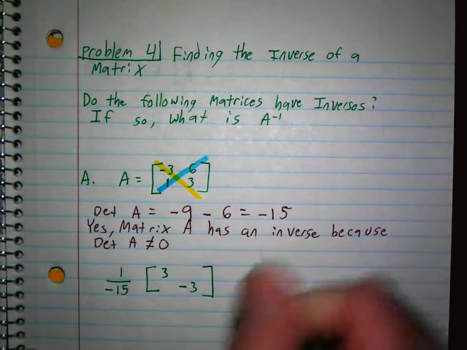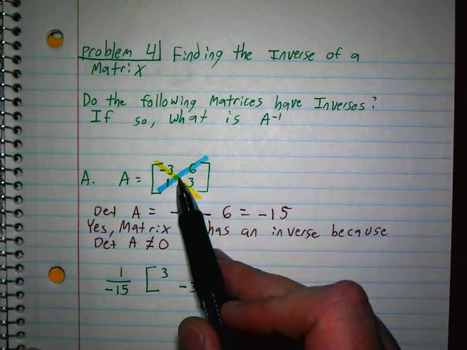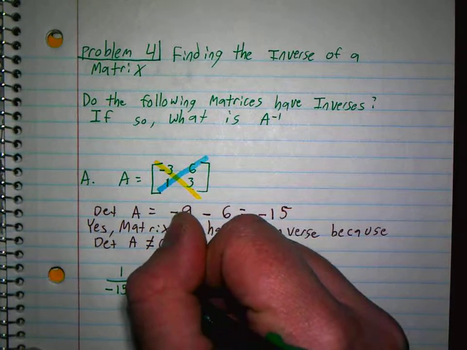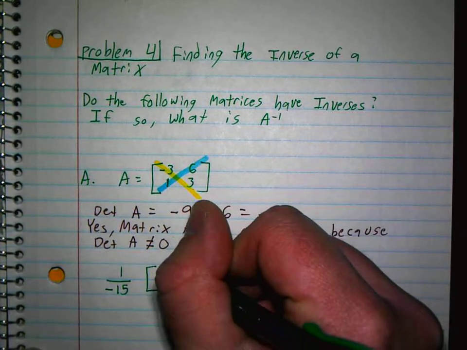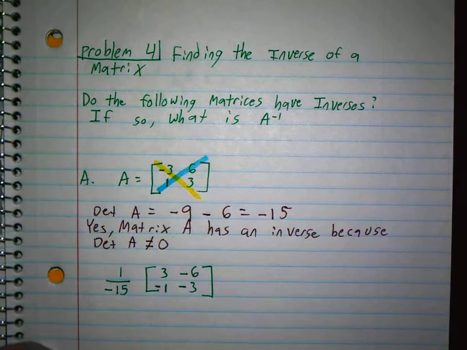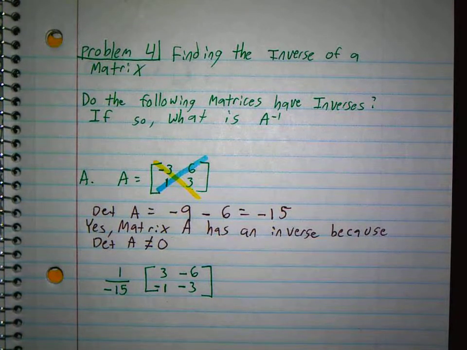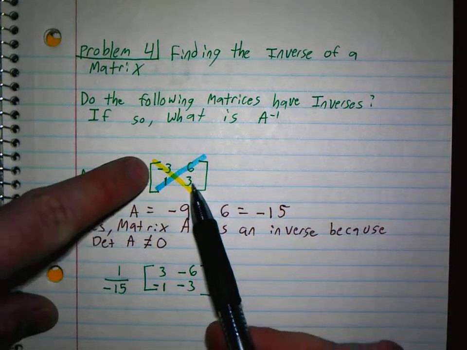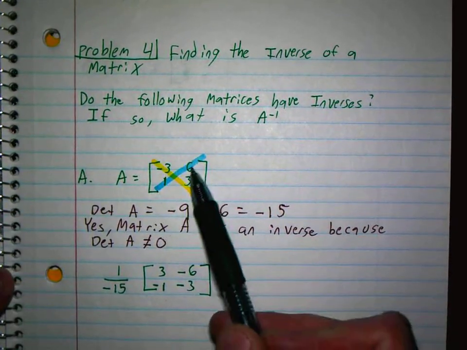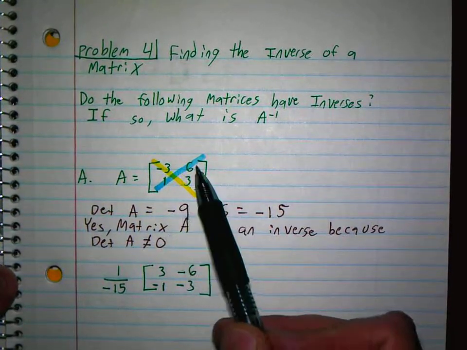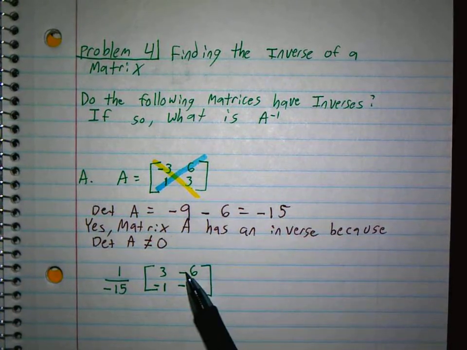And then here you keep them the same, but you change the sign. So 1 becomes -1, 6 becomes -6, okay? You guys understand what I did? So I moved the 3 here and the -3 here, and then you change the signs of those two. So if that had been -6, then this becomes a +6. Okay.